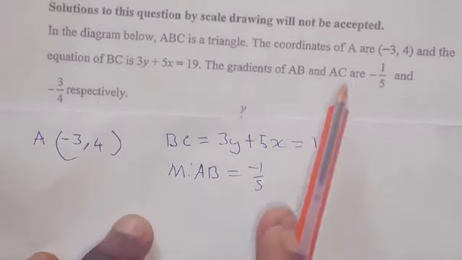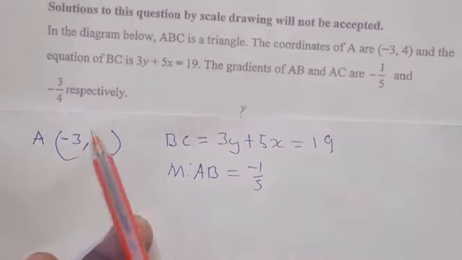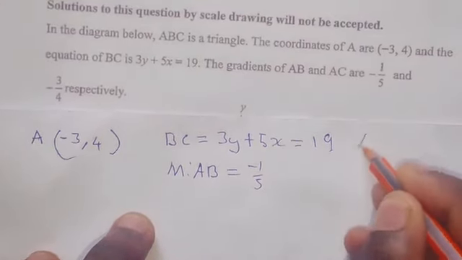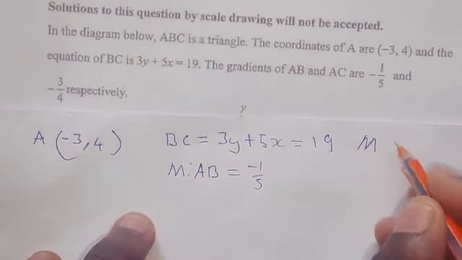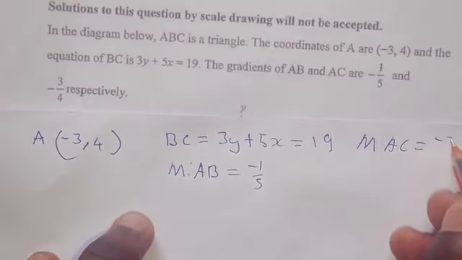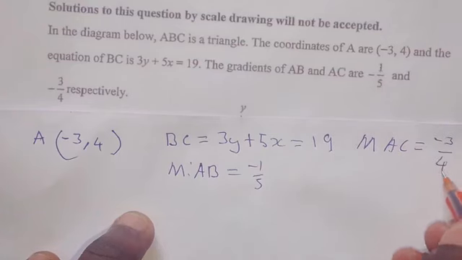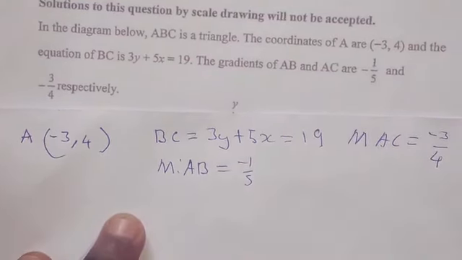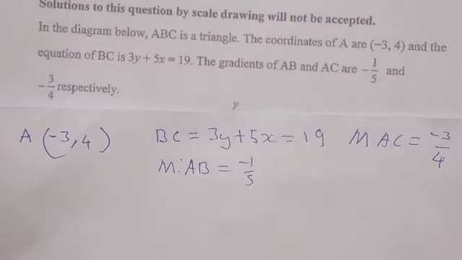So the first gradient is for AB and the last gradient is for AC. So we also have M of AC, which is equal to negative 3 over 4. So these are the pieces of information that we have. Having taken down the information given, we can now proceed to answering the questions.